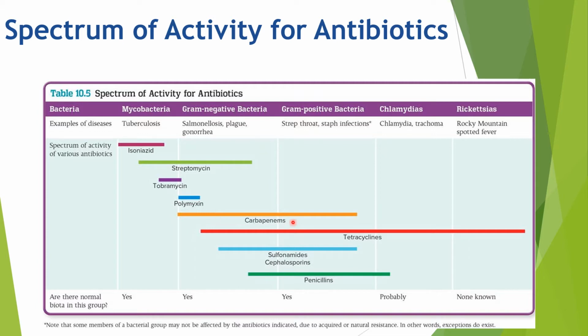There is another one right here called carbapenems. Carbapenems is an antibiotic that's going to target the cell wall of the bacteria. So it blocks the cell wall synthesis or its repair. So at the end, it's going to be targeting the cell wall of the bacteria. And carbapenems is a broad spectrum antibiotic.